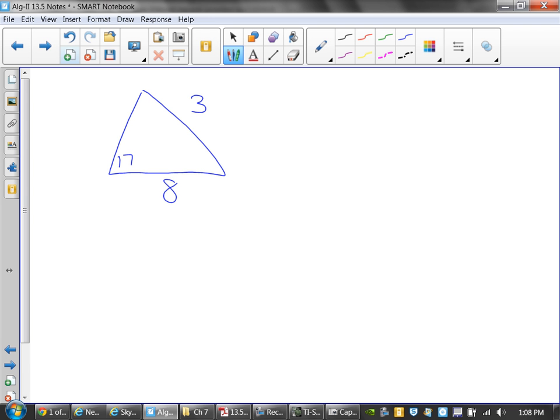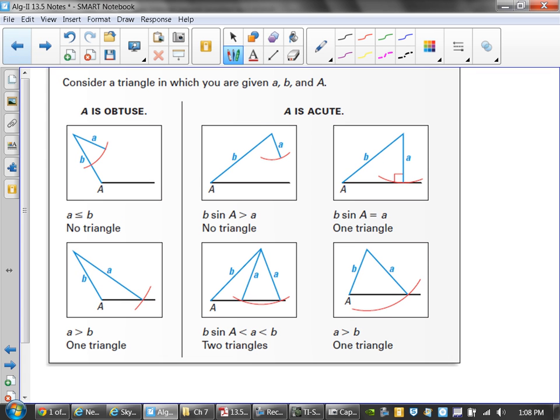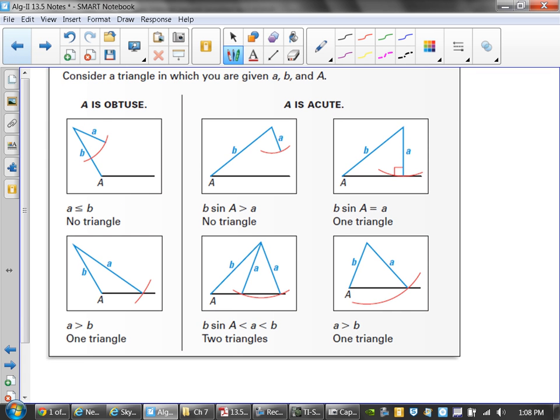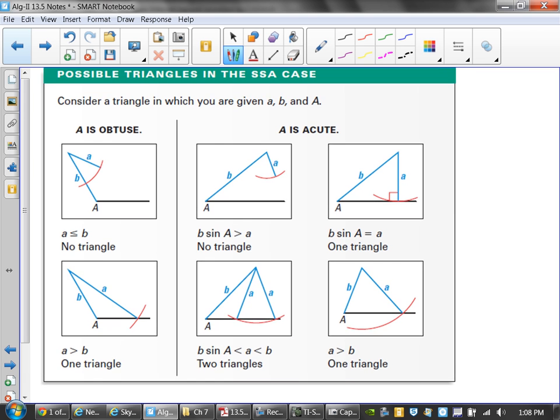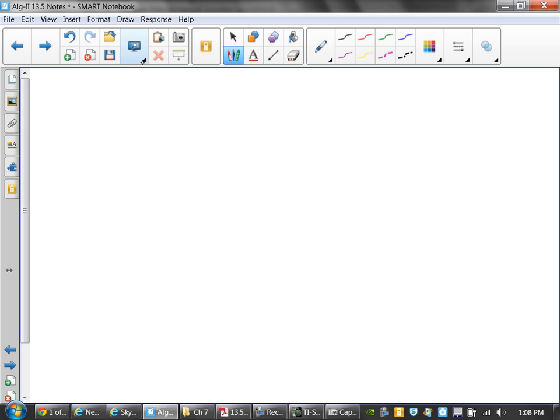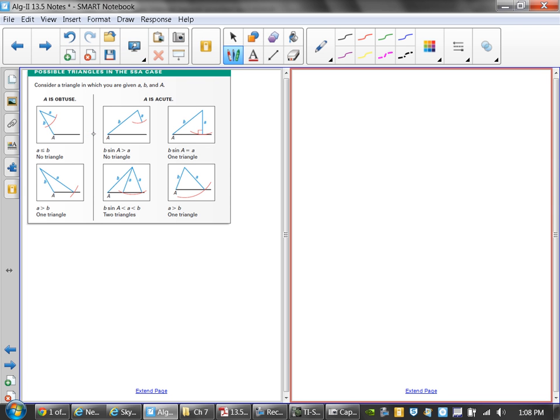Okay? Now, what happens then is that you wind up with what they call the ambiguous case. And here's the way that it's worded. It's worded a little bit weird. What I want you guys to think about is the following. When they're talking about A, B, and angle A, obviously that means that you could have angle C, side B, and so on.